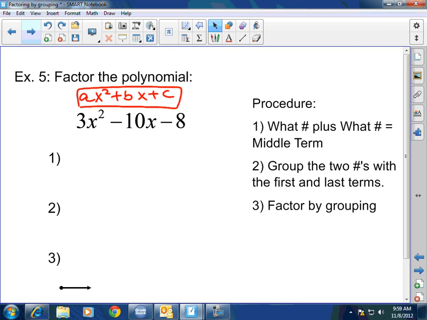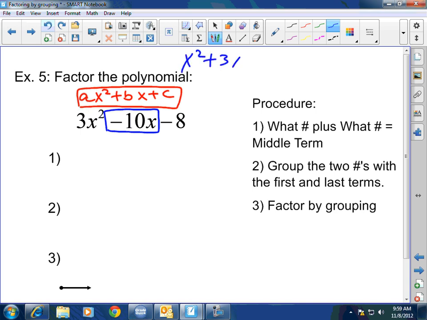Number one, whenever you see this in this form, and you have a number, a coefficient in front of the x squared, this activates this procedure, okay? And all you got to do is concentrate on this middle term. Look at the middle term, okay? When it's in this format, do this, if you like this procedure.